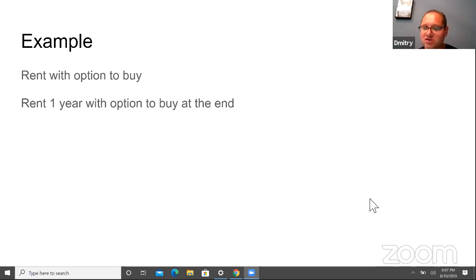He wanted something in return. So for that option to buy, it was a $5,000 fee. So I'd have to put $5,000 down towards the purchase. If I decided at the end of that year I don't want it, I lose that 5,000, right? So that was kind of the cost of my option.